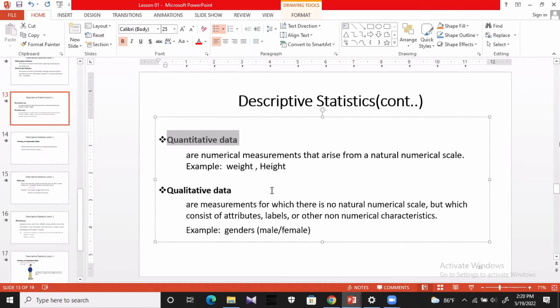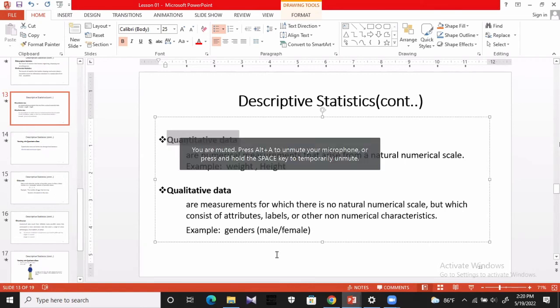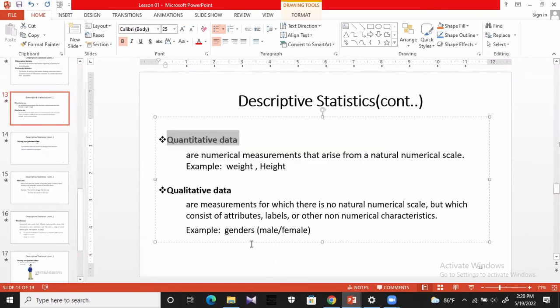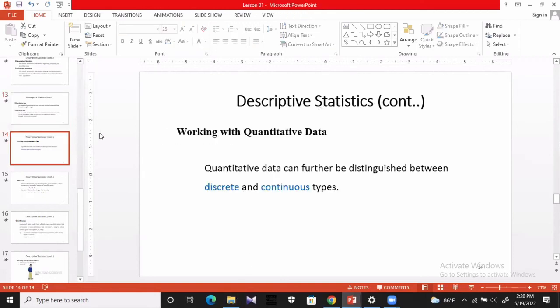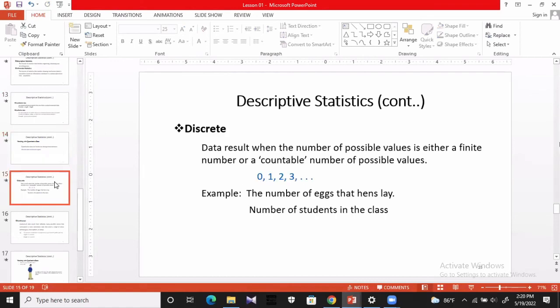It can be attributes, labels, or non-numerical characteristics like gender, color, favorite sport, favorite singer. Likewise, we can have many qualitative variables. Is that clear? Quantitative data can further be distinguished between discrete and continuous.